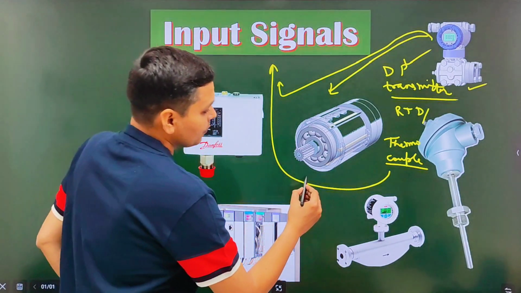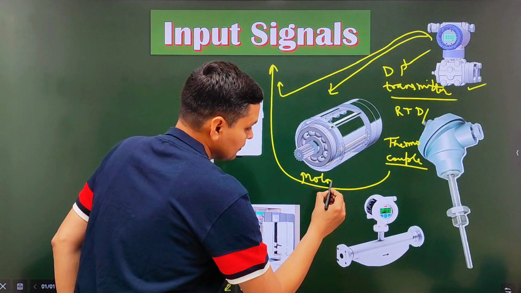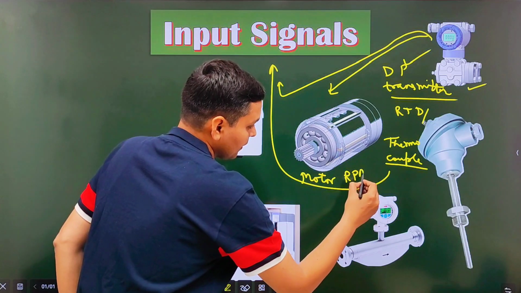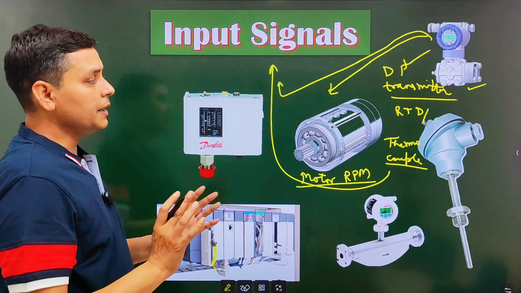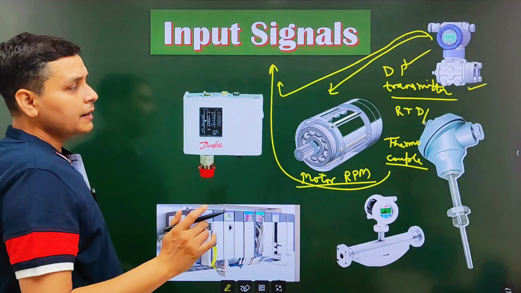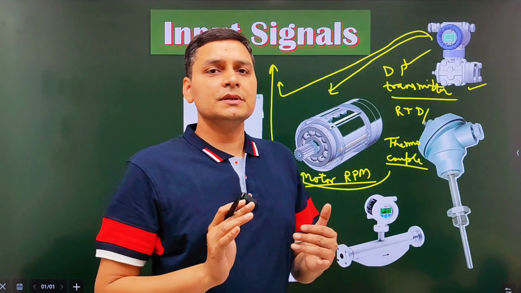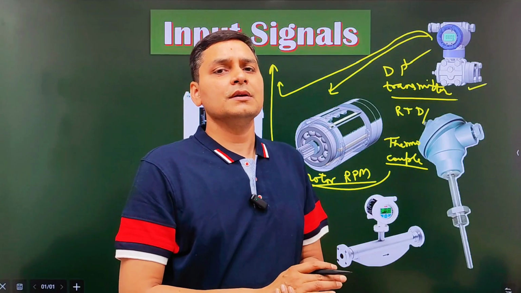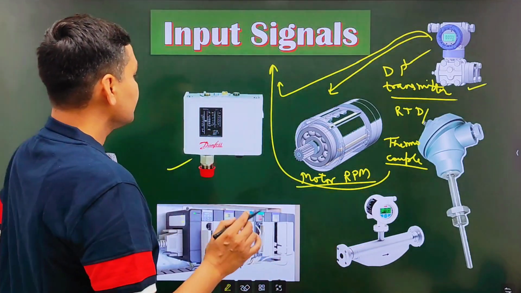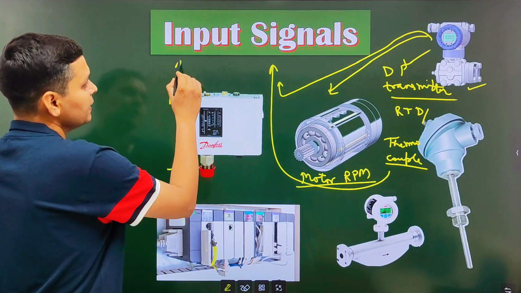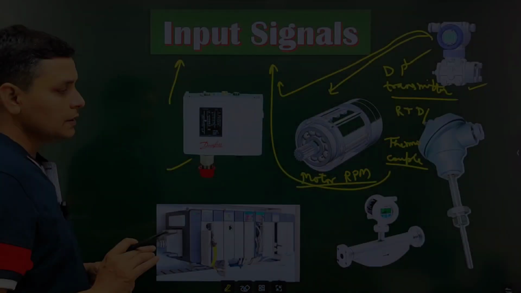Similarly, motor RPM is also an input signal. And if we talk about switches like a pressure switch, limit switch, float switch or any other switch, then its signal will also be an input signal.